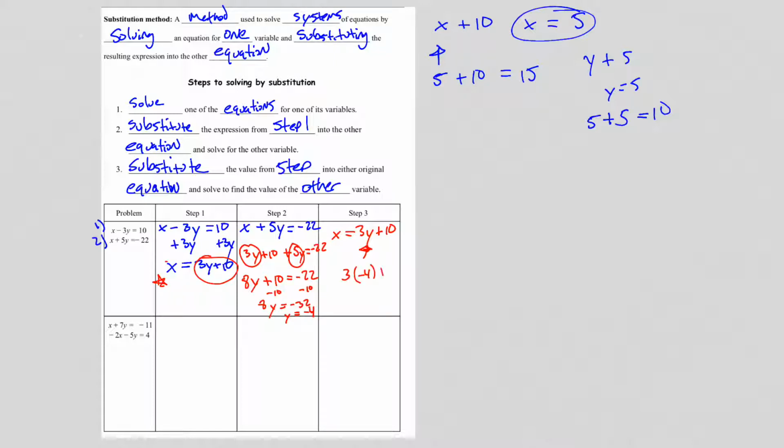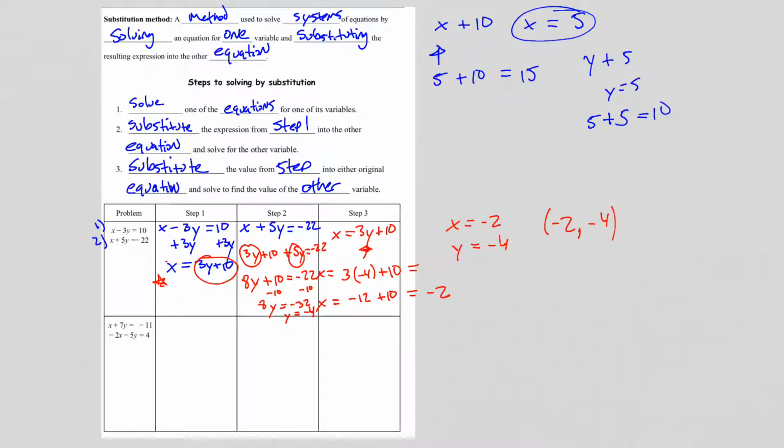So 3 times negative 4 plus 10 is negative 12 plus 10, which is negative 2. So x equals negative 2. So if x is equal to negative 2 and y is equal to negative 4, then the solution to this system of linear equations is the point negative 2, negative 4.